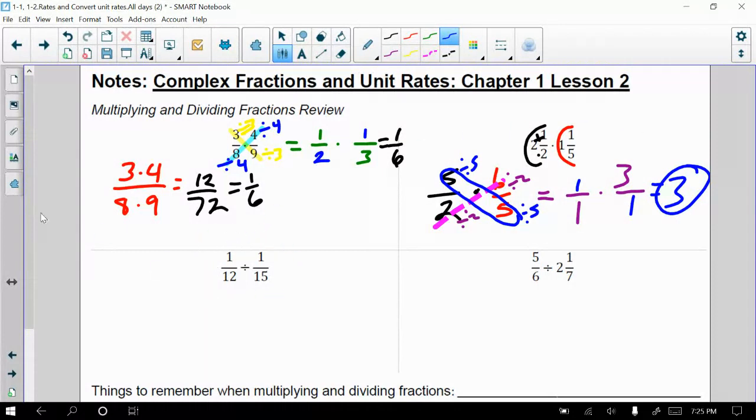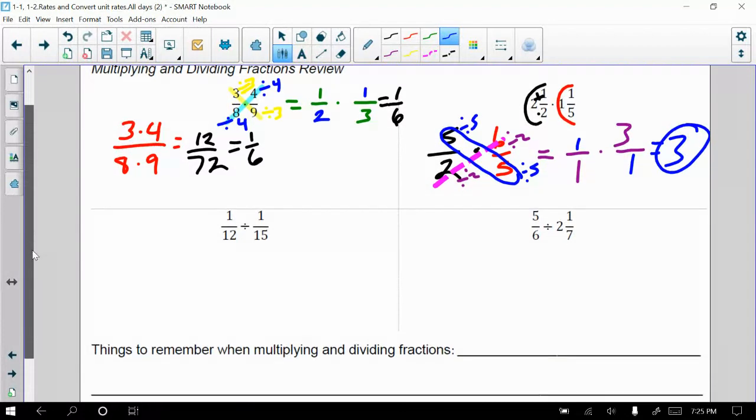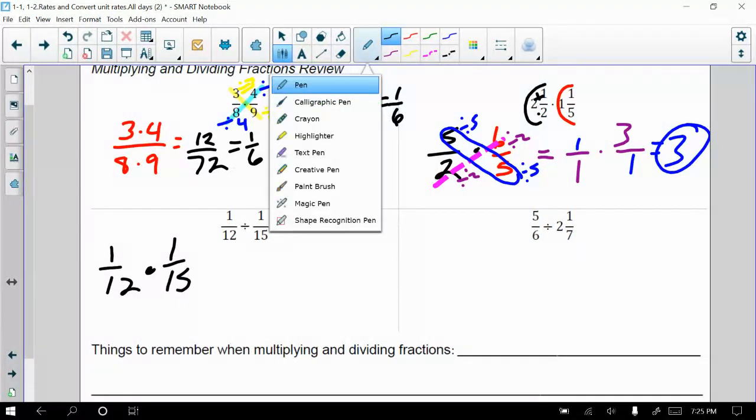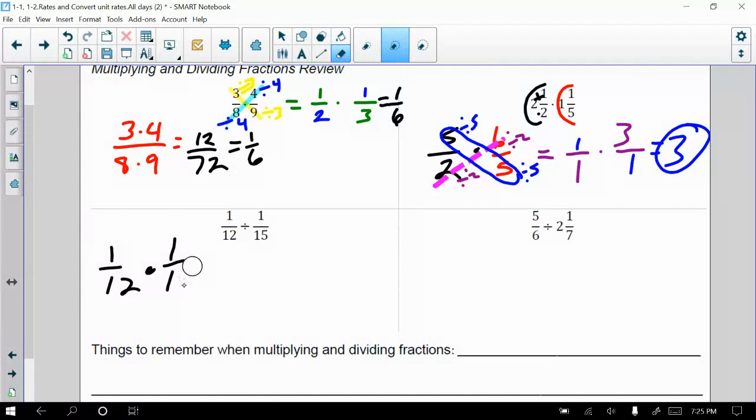Okay, so now we're going to do our division of fractions. Remember, multiplying by the reciprocal. So I really have to take my 1/12 times 15 over 1.